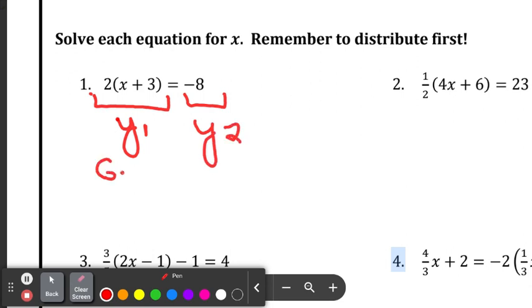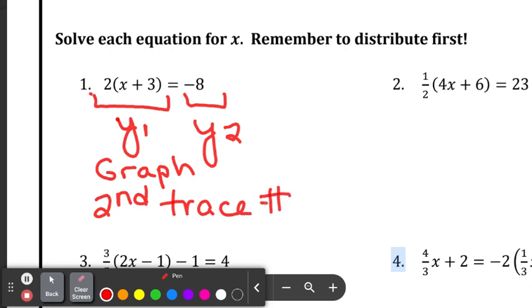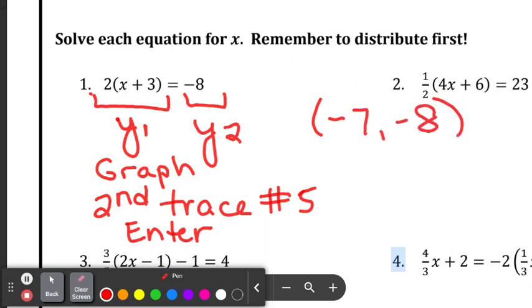Then you look at the graph and you want to see where these 2 lines crisscross. So you do second trace, number 5, and then you press enter 3 times. Enter, enter, enter. And it's going to give you a point. You're going to get the point -7, -8.